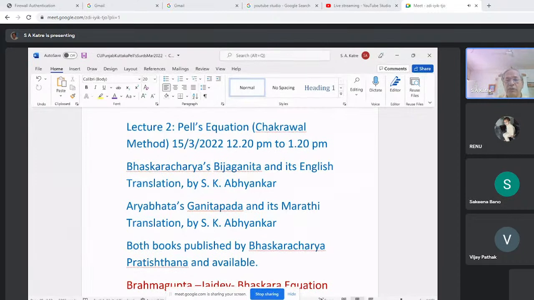So that's why it is useful in many applications, and a very important way of writing the solution using an algorithm. So these methods were algorithmic. These ancient Indian mathematicians somehow got the result and wrote it in an algorithmic form. So if you do it step by step, you will arrive at the answer. That's the idea. So now we are looking at the next topic, that is Pell's equation.